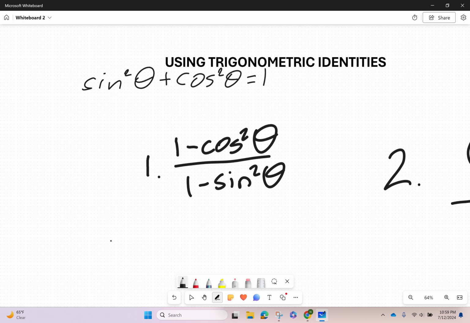So I'm going to substitute in our sine squared theta into our numerator, because that's what we just determined is equal to 1 minus cosine squared theta. Now, I'm going to take the exact same approach into cosine squared theta. If we want to isolate that, we subtract sine squared theta from both sides. And that would end up looking like this.